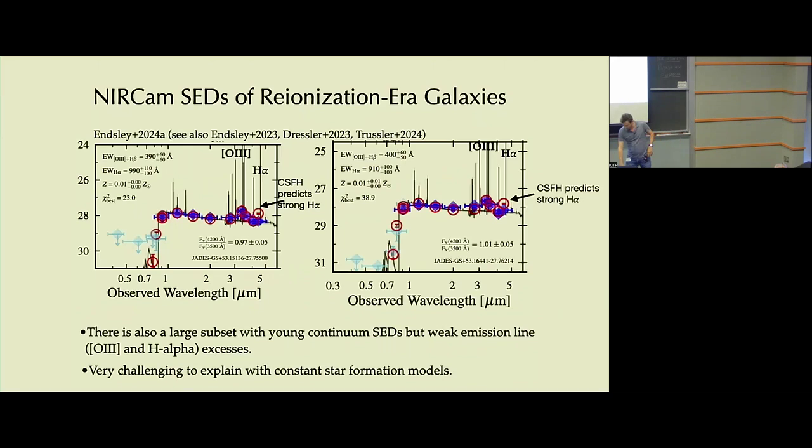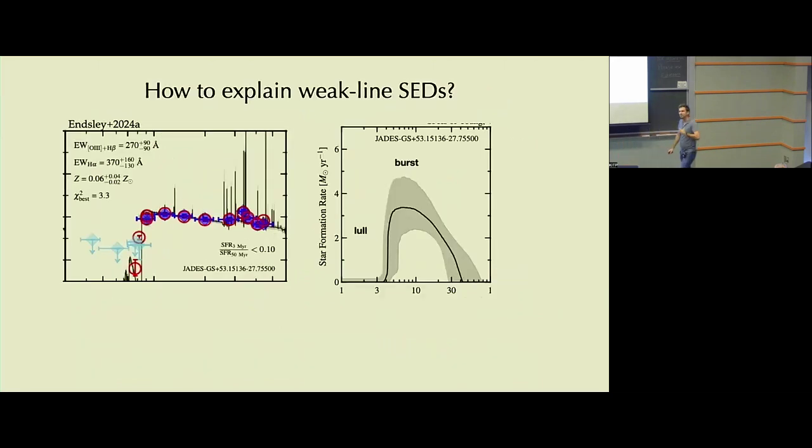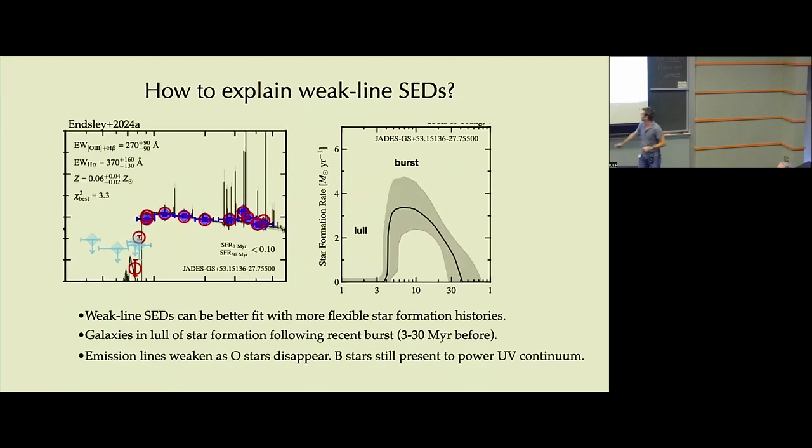So how do we explain these weak emission line young continuum SEDs? More flexible star formation histories provide much better solutions. Here you see a star formation history that can reproduce this data set, where we've had a strong burst about 10 million years ago, and then the object has had a recent decline in its star formation rate.